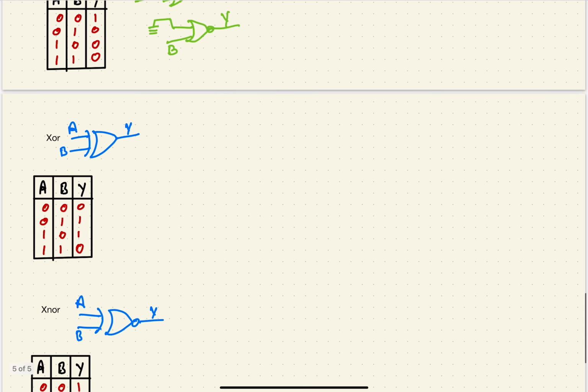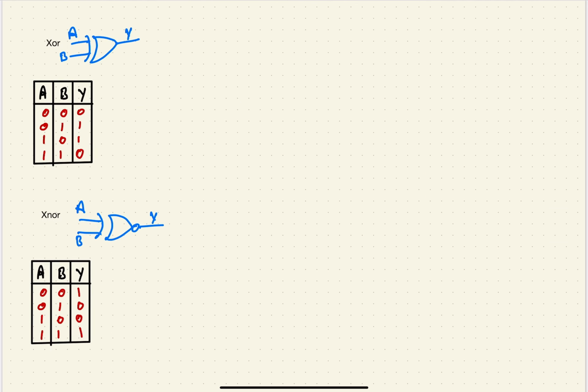If you go further and see the XOR and XNOR, this is the symbol of XOR gate and this is the truth table of XOR gate. If both inputs are the same, then output will be 0, and if both inputs are different, then output is 1. So for that we can make an inverter with one possibility only, and that is if one input is VCC, then we can see that output is inverted.